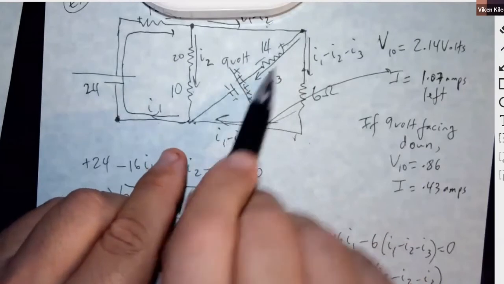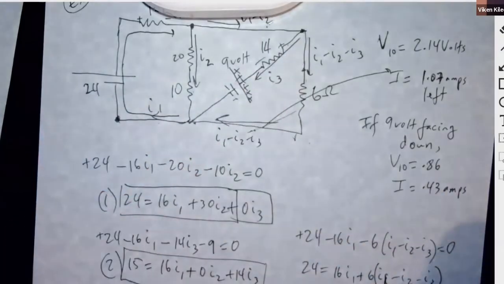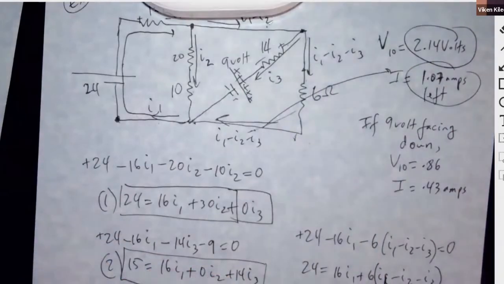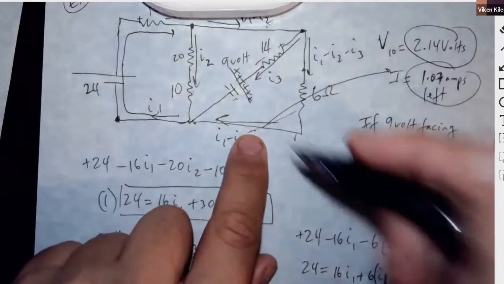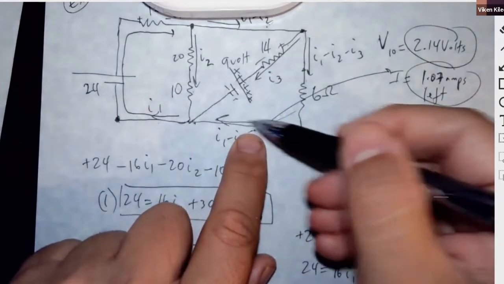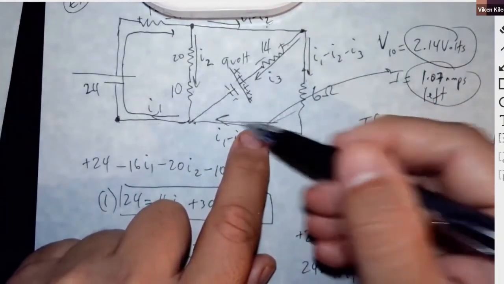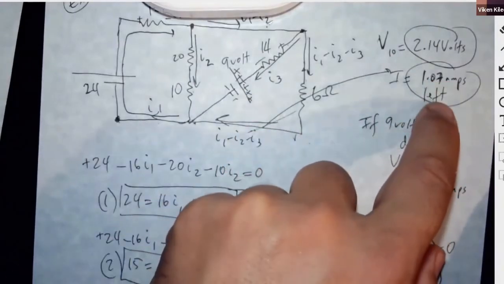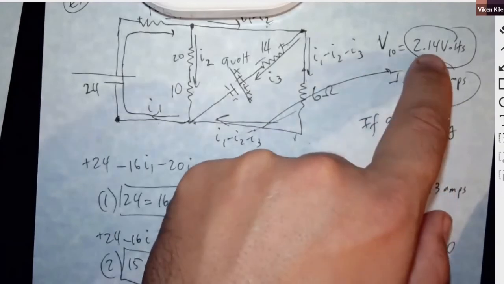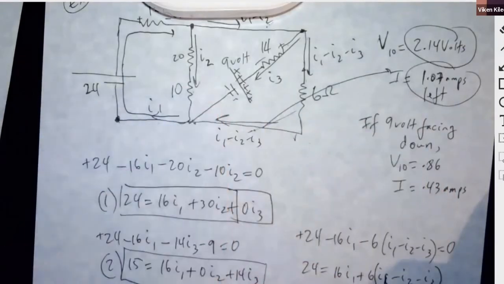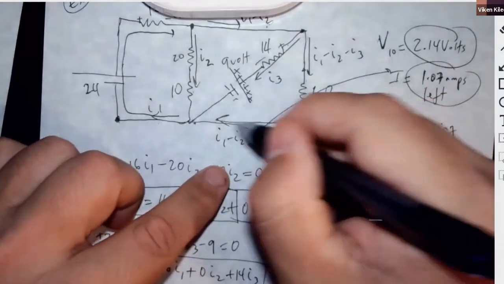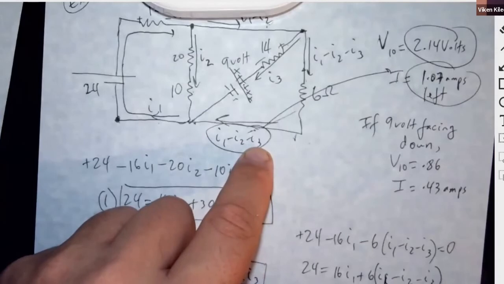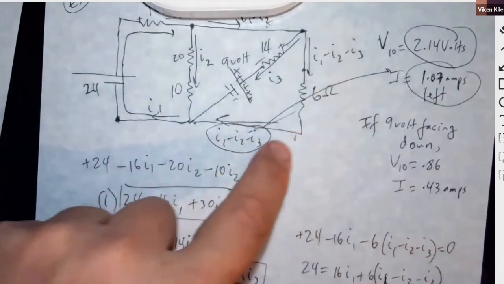You see, like that. So if I'm trying to just only check these two, then what would I do? The current here was moving to the left according to the simulation, right? So then that would be 1.07 to the left, and then 2.14 was the voltage here. So how would I just check those? Well, I would just calculate I1 minus I2 minus I3, that would tell me what the current of this is.